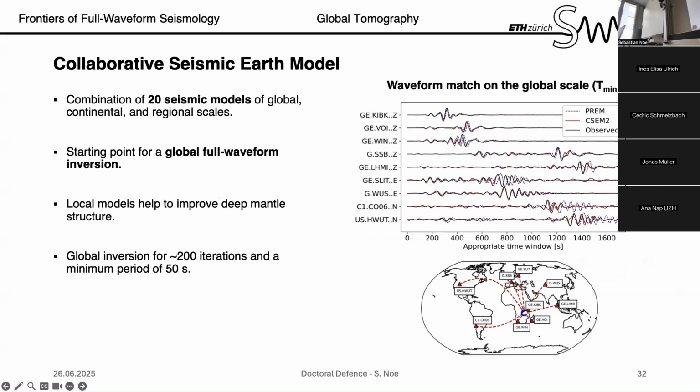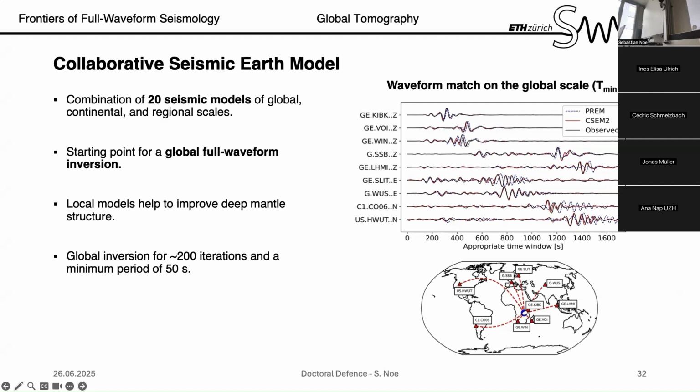And this is exactly what we've done on the supercomputer. We ran a global inversion for roughly 200 iterations, down to a minimum period of 50 seconds. And here you can see that we do indeed have waveform match. So what you need to compare here is in red the numerical model, and in black the observations, and blue is just a comparable waveform if you had no 3D structure at all.